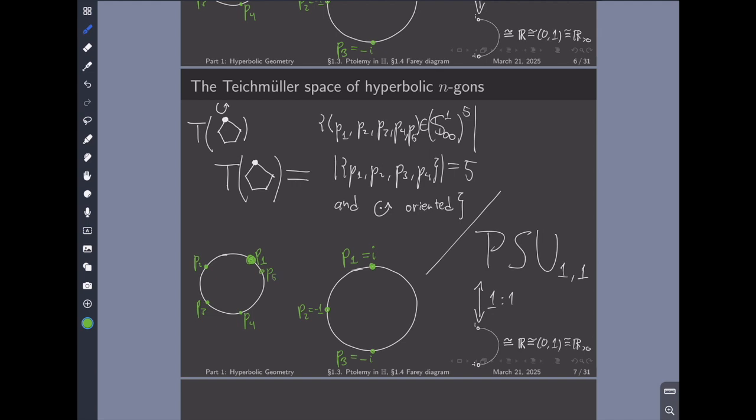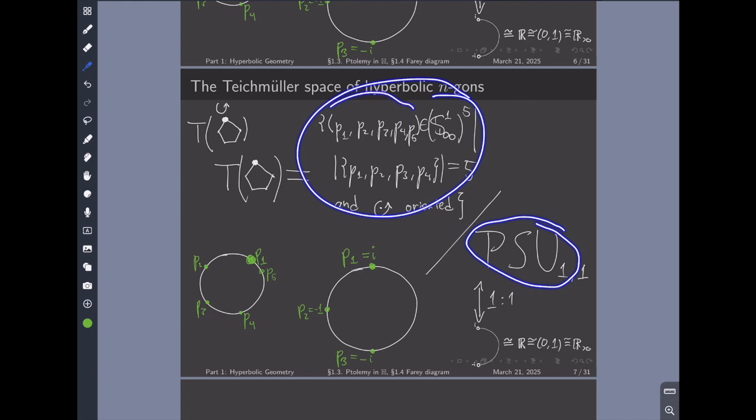Okay, and now same story in the sense that any point here is PSU(1,1) equivalent to a 5-tuple where the first 3 I can set to be what I want. But for the fourth I have freedom, and once the fourth is chosen, for the fifth I have freedom.